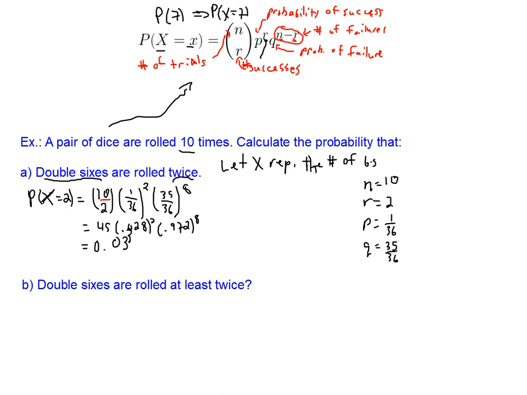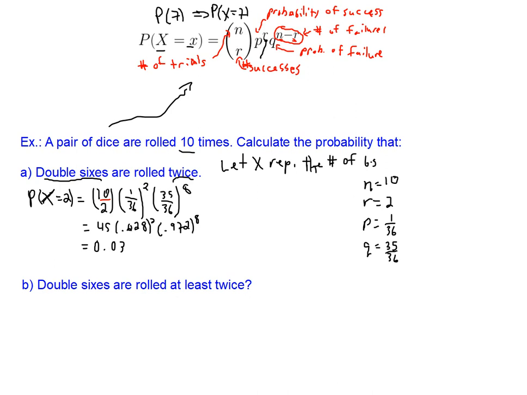Let's fix that up. So 0.03 by the looks of it. So that's the probability that we're going to get exactly 2 double sixes when we roll the dice 10 times. So approximately 3% chance of getting double sixes exactly twice.